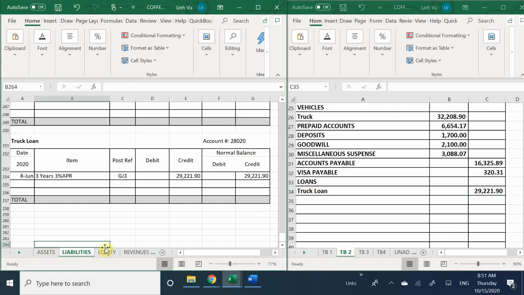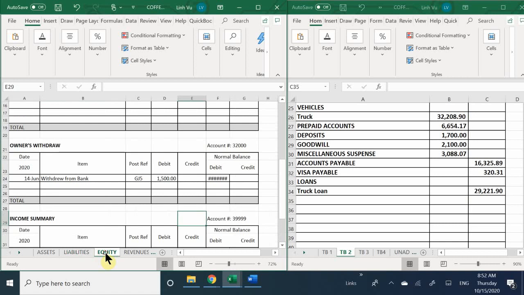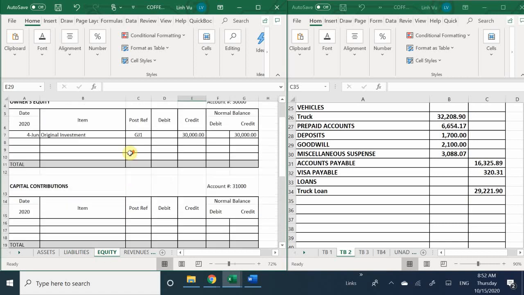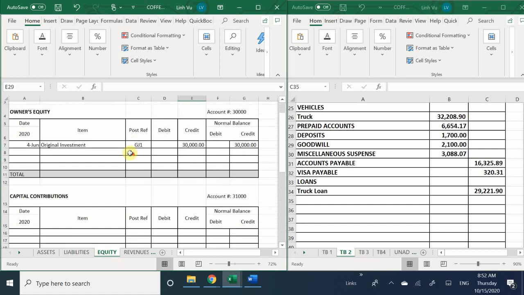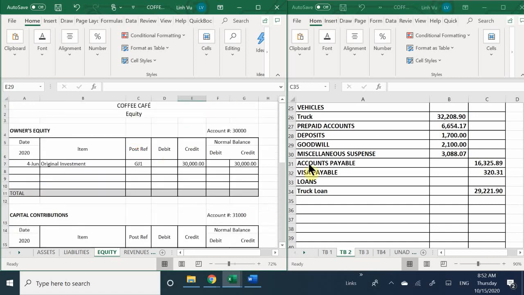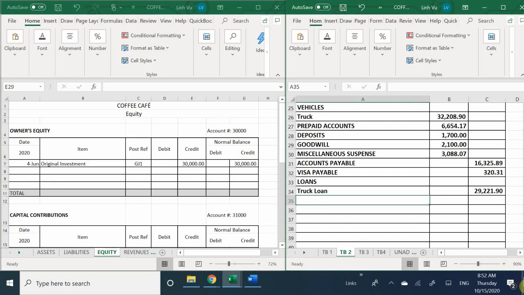All right. Now I'm going to move on to my equity accounts. So I've only tapped into two different equity accounts, which is going to be owner's equity itself, as well as owner's withdrawal. Okay. So here, owner's equity, which we started off as 30,000. And then we had an owner's withdrawal.